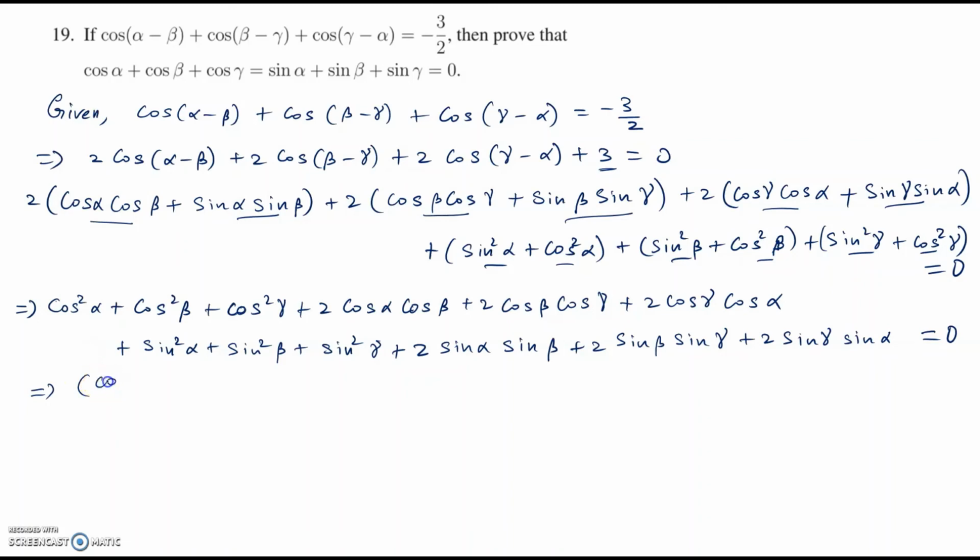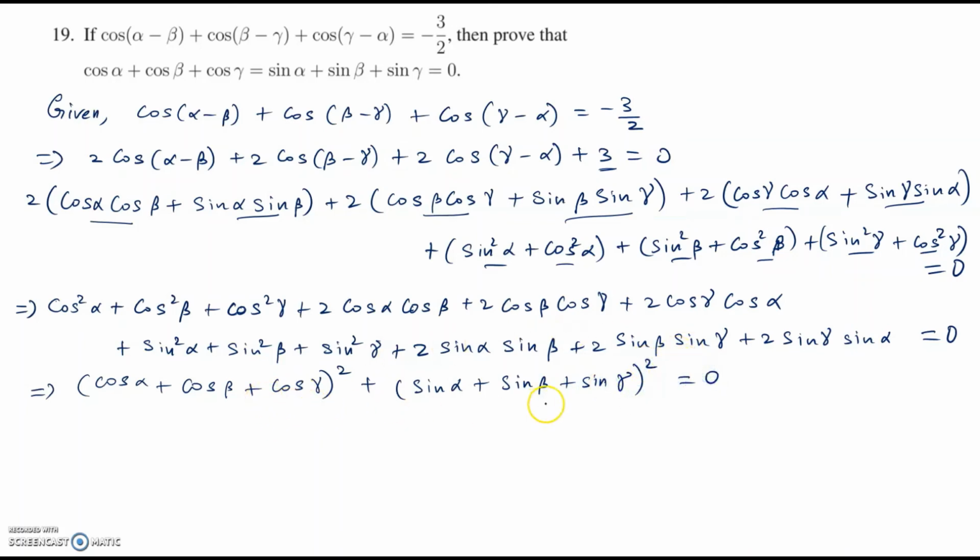So (cos alpha plus cos beta plus cos gamma) the whole squared plus, similarly, (sine alpha plus sine beta plus sine gamma) the whole square is equal to 0.